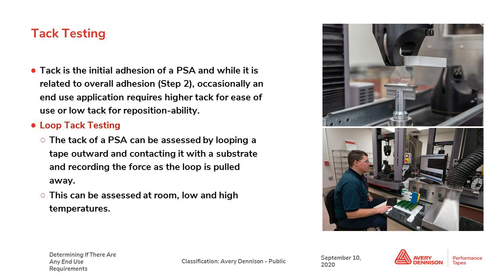We bring that loop down and contact it with the substrate, and the arm holds it for probably just a few seconds, and then it pulls away. So there's hardly any force applied to it. It's just the stiffness of the film in the Instron machine going down and contacting with the substrate that applies some pressure, and then we pull it away and measure the force out of that. So a general purpose rubber, for example, would be very high tack, and you'll see in a second here those different values.